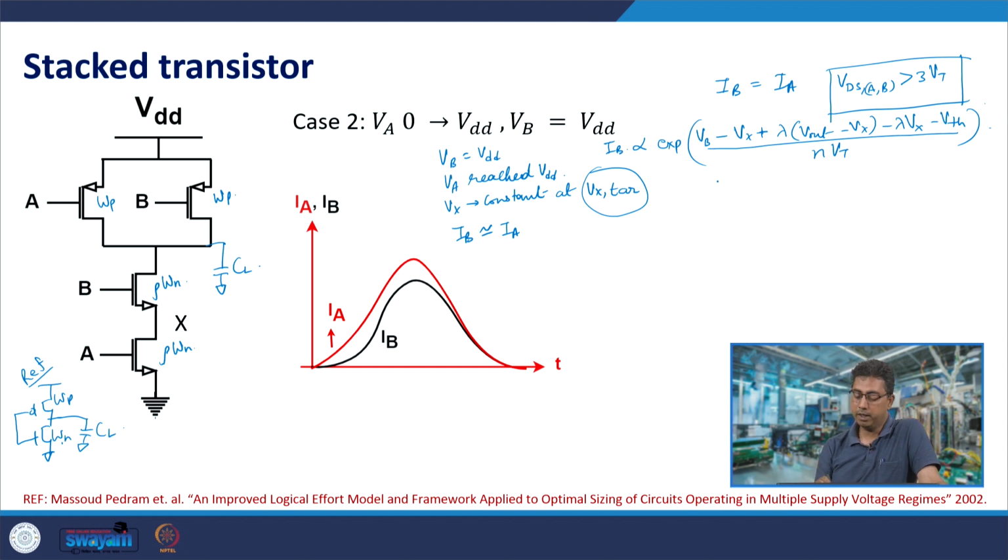Using this we equate, since Vb is equal to VDD, Va is equal to VDD, and Vx is equal to Vx star.